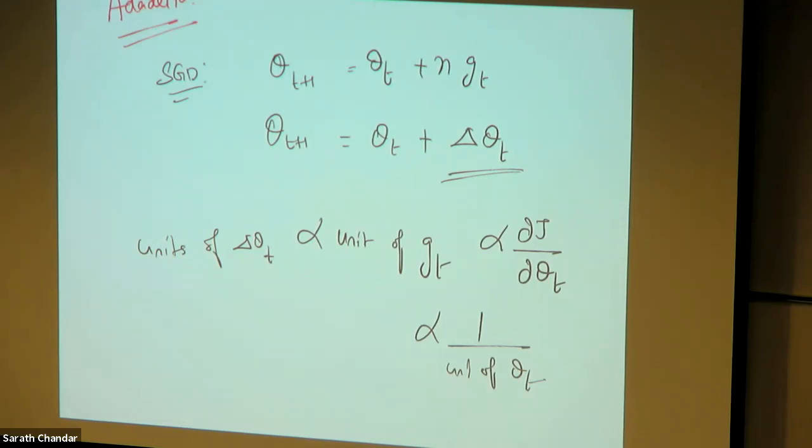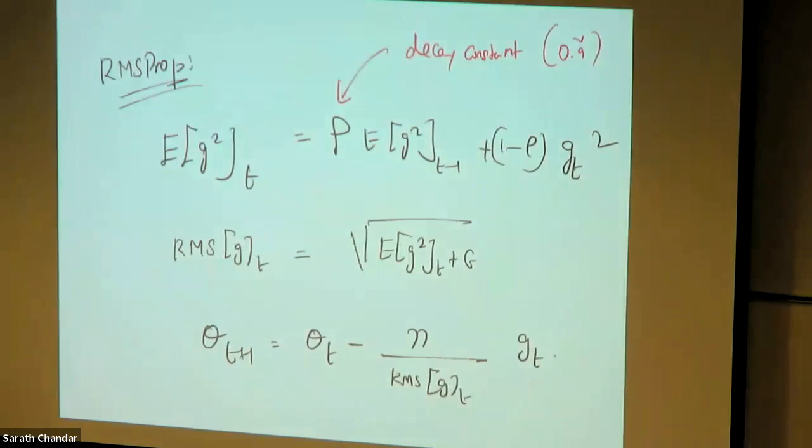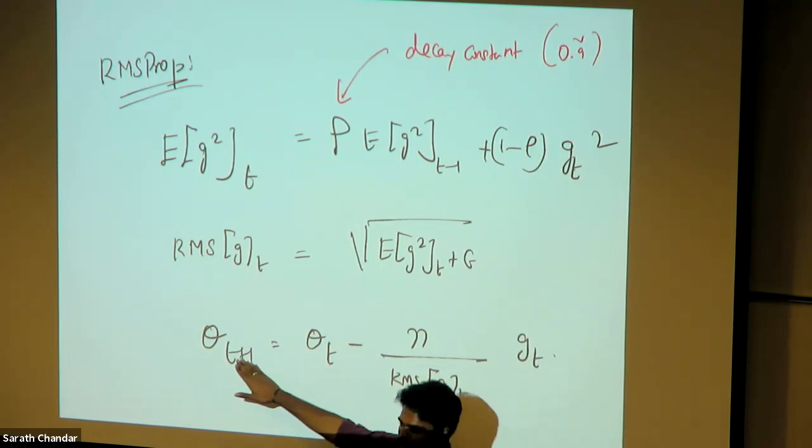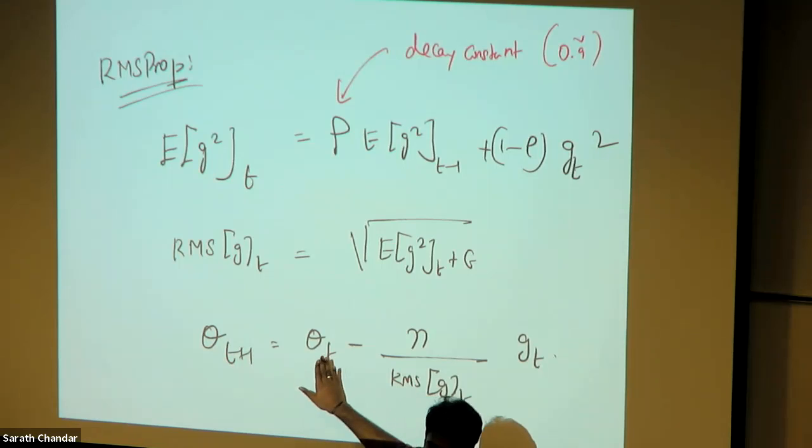Okay. Now what about Adagrad and RMSprop? Can we check RMSprop, for example? In the case of RMSprop, this is 1 unit. This is also 1 unit, right?